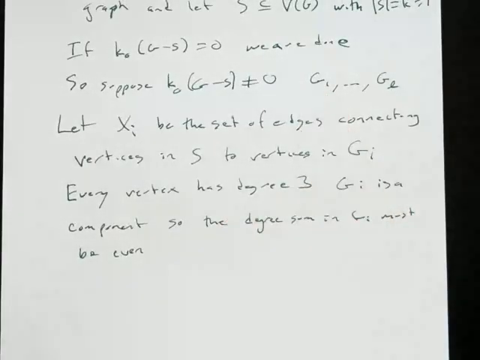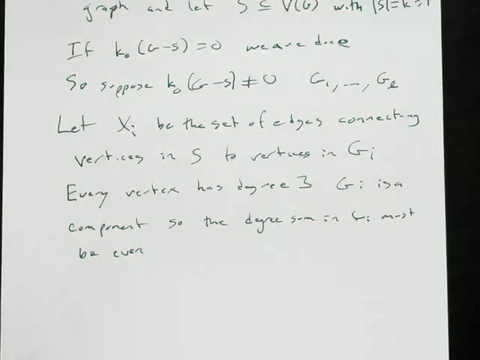Let's just look at G1. G1 is an odd component, which means it has an odd number of vertices. But every vertex had degree 3 in the original graph. I had to take away edges to end up with an even number. Not necessarily, but at least an odd number, right?